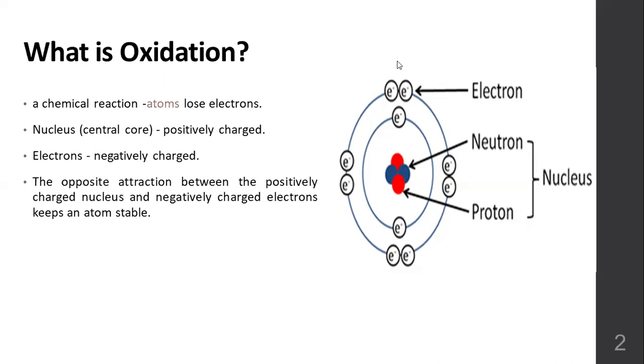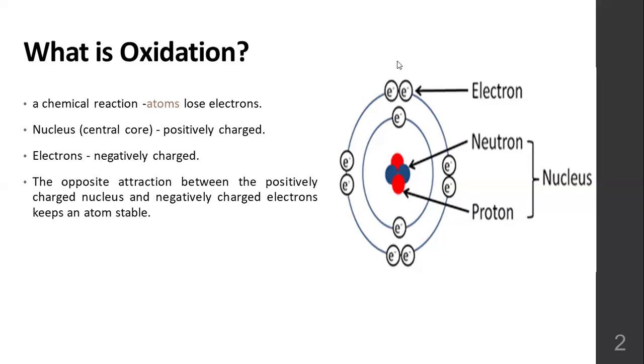You must be aware of electrons, neutrons, and protons. So oxidation is a chemical reaction in which atoms lose their electrons. Neutrons and protons are in the nucleus, and protons are positively charged, in the center.